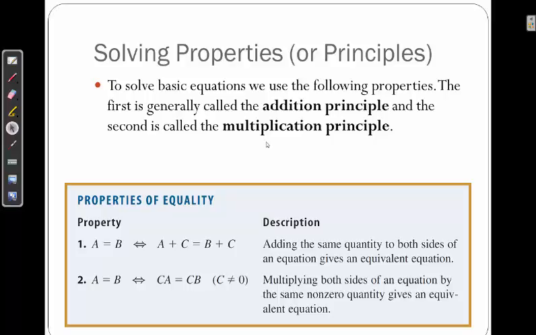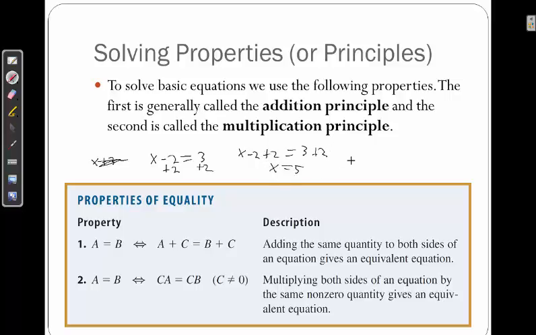That means if you have an equation like, let's start off with x minus 2 equal 3, you can add something to both sides of the equation, and the equation will still be true. Now I have x minus 2 plus 2 equal 3 plus 2, and then you can simplify and get x equal 5.